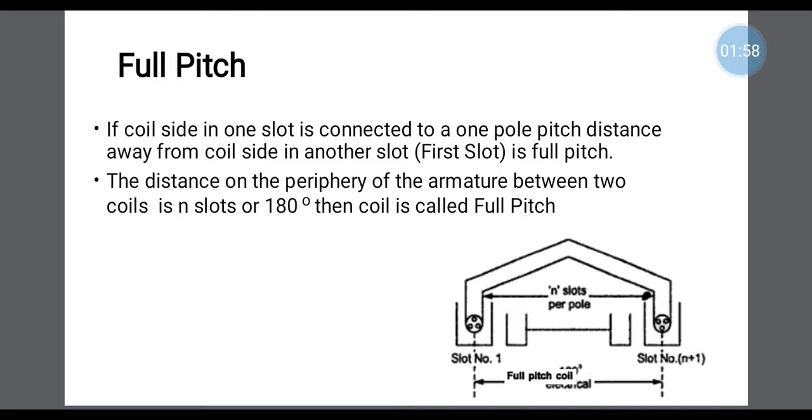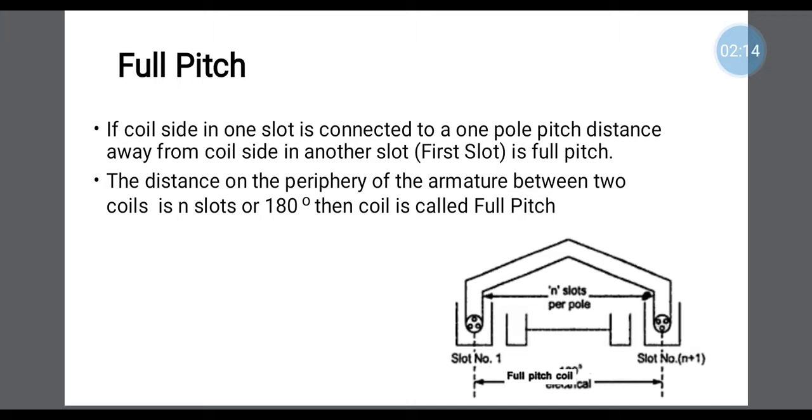Simply, we can call it the distance on the armature periphery between the two coils, that means the starting coil and the ending coil, is n slots. n slots is nothing but the number of slots per pole.